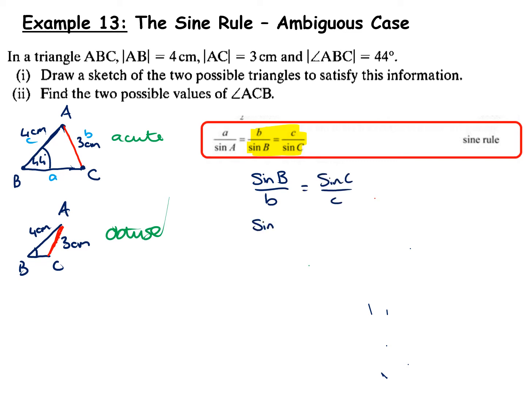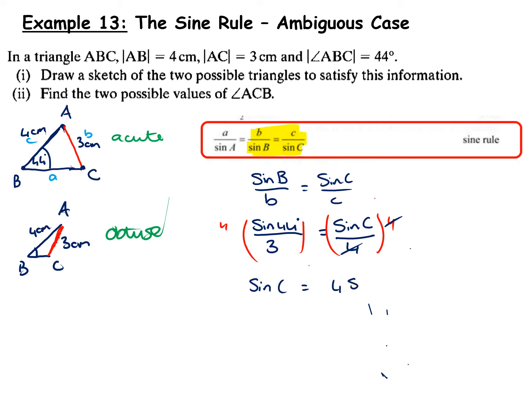So that is sine of 44 degrees over 3, equals sine C, which I don't know, that's what I'm working for, over c, which is 4. I want to get sine C on its own, so I'm going to multiply both sides by 4. So we get sine C is equal to 4 sine 44 all over 3.